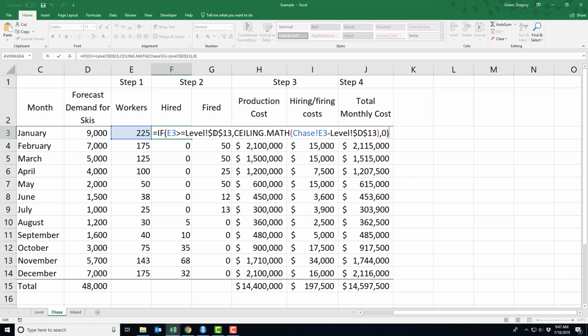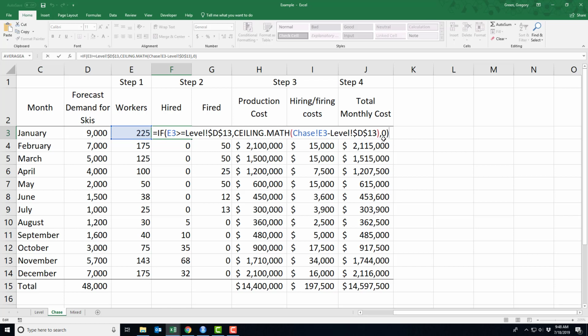Well, what happens if this statement is not true? What if the current level of workers was less than 100? Well, then I don't need to hire any more workers. So I'm going to hire 0. So this second argument is how many people I need to hire if the statement's true.